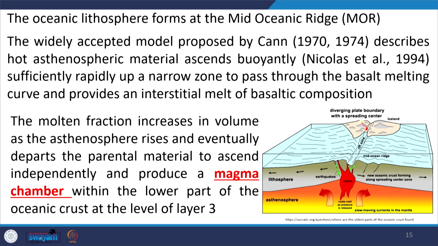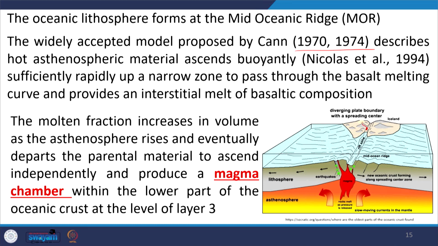The oceanic lithosphere forms at the mid-oceanic ridge, and the widely accepted model, proposed by Cann, describes hot asthenospheric material ascending buoyantly, sufficiently rapidly up a narrow zone, to pass through the basalt melting curve and provide interstitial melting of basaltic composition.